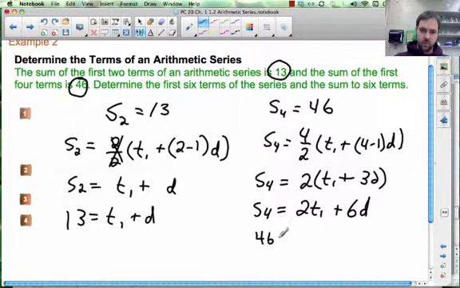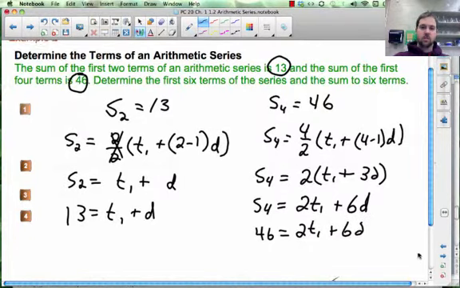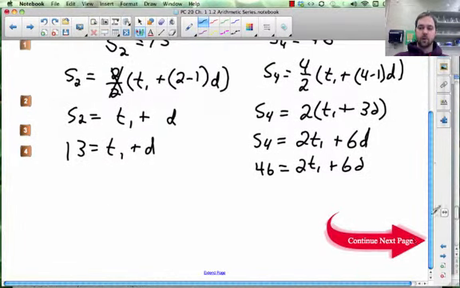So this one was 46 equals 2T1 plus 6d. We can solve this system of equations by substituting one into the other one. I'm going to simplify this by dividing 2 out of every single one of these terms.